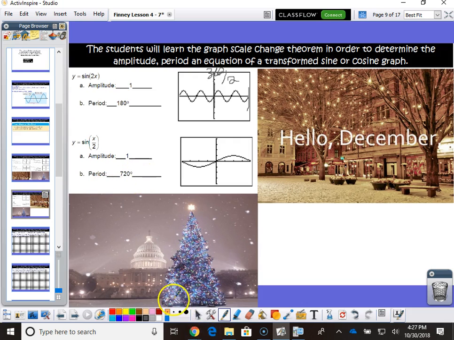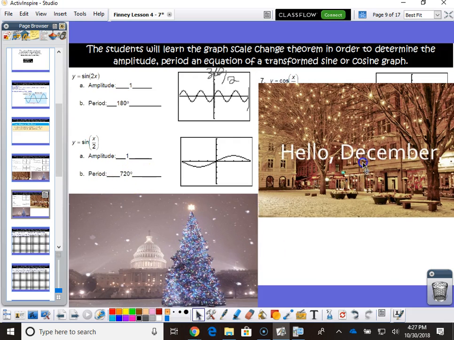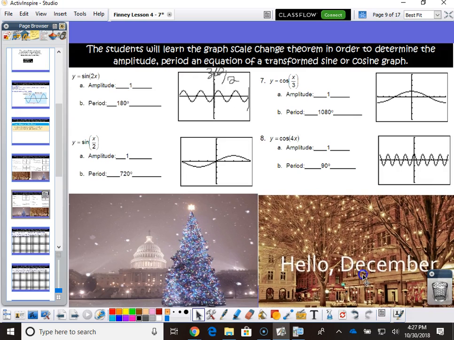So that's 720. So when we look here, our cosine was x divided by 3. So our amplitude's still 1, but in our situation here, we're going to need 3 cycles to see all of our cosine curve. So from 0 to 360, we're only seeing 1/3 of the cycle.